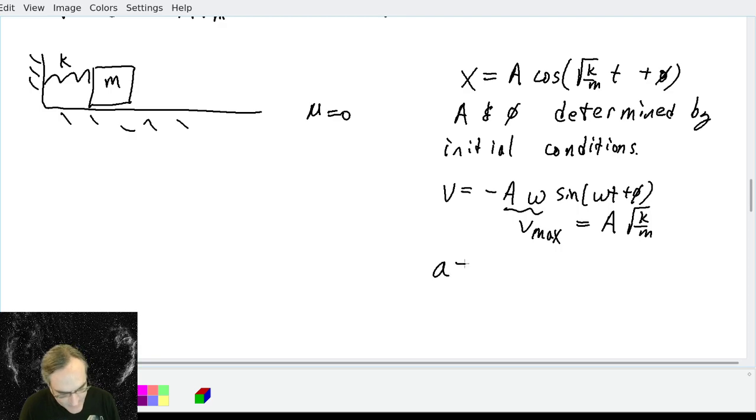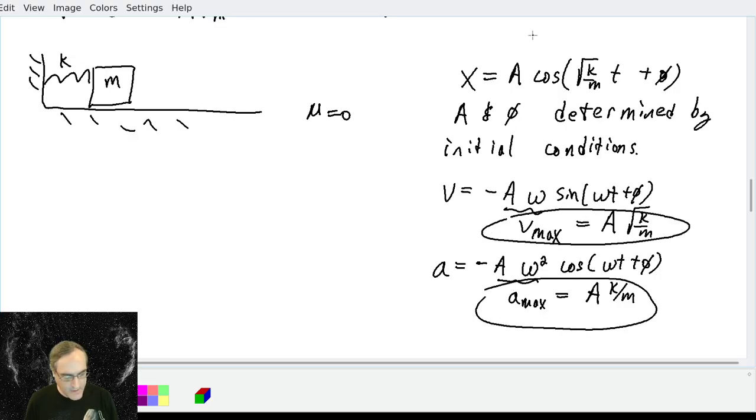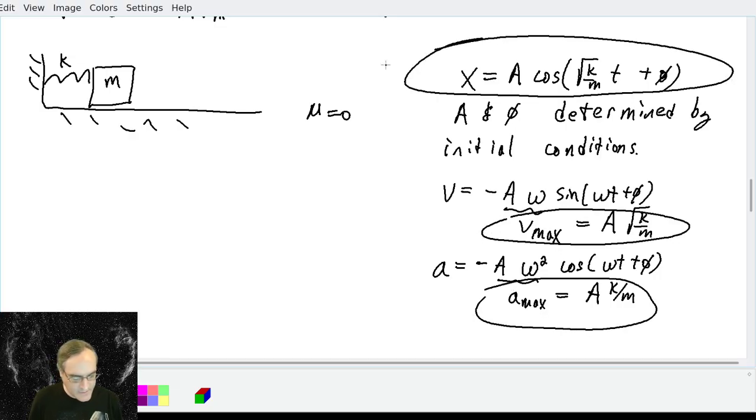And if we look at the second derivative, which is the acceleration, we have a minus A omega squared cosine of omega t plus the phase. And this part represents the maximum possible acceleration, which is a size of A times k over m. So we've actually got quite a lot by way of result out of this.